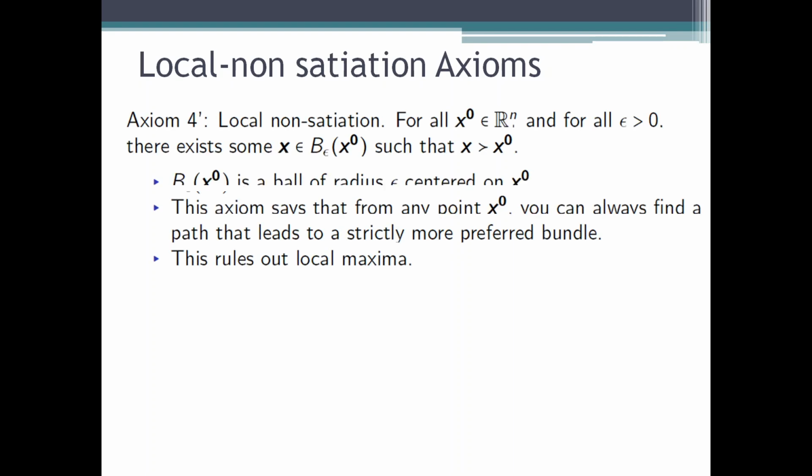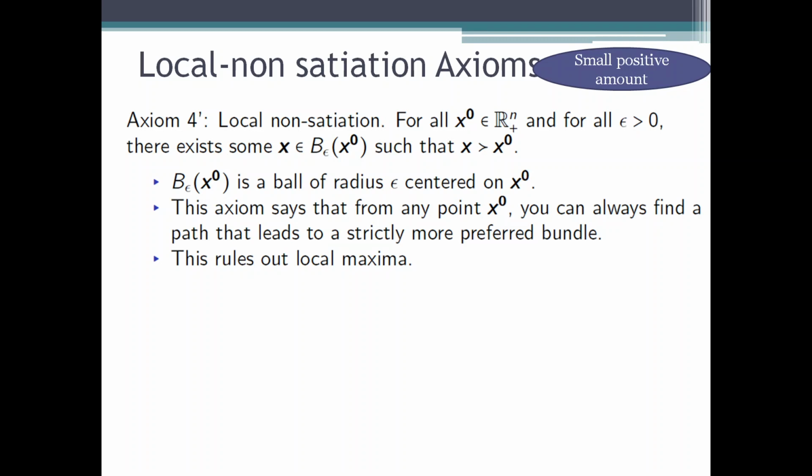So let's see how it comes. It says that for all x naught, the consumption bundle called x naught that belongs to R^n plus space, and for all epsilon that is greater than 0. This epsilon is just a small positive amount, a very, very tiny number.